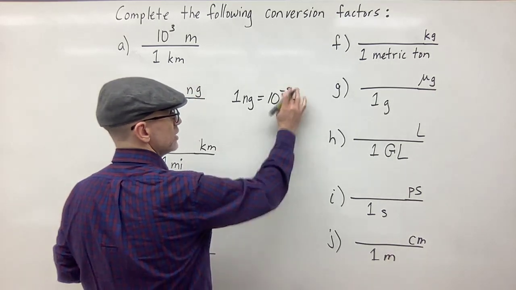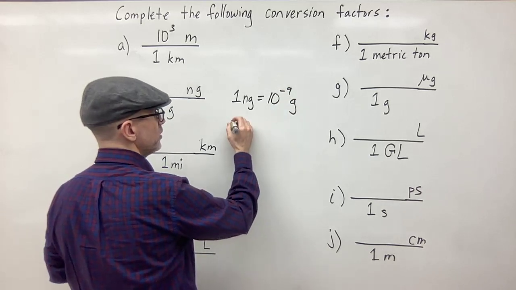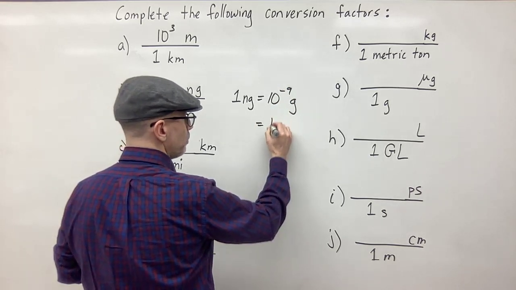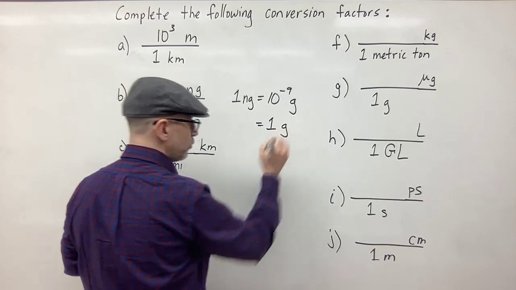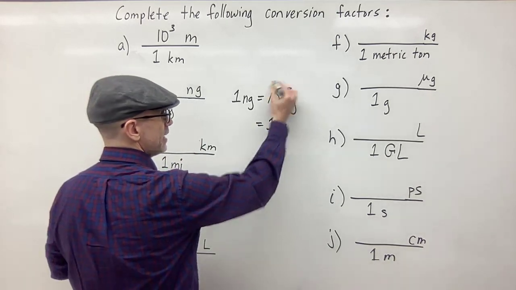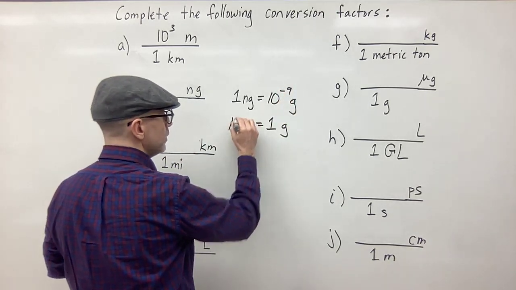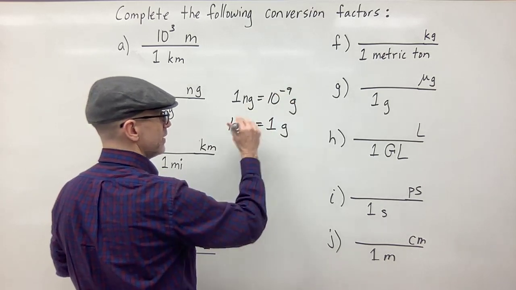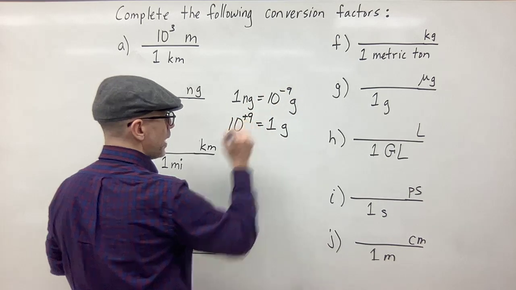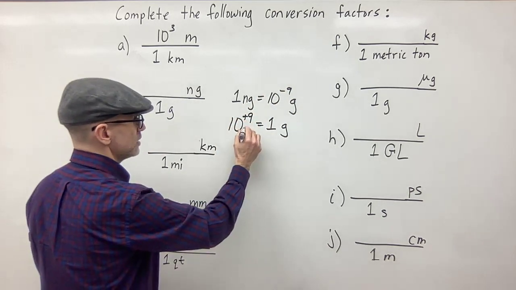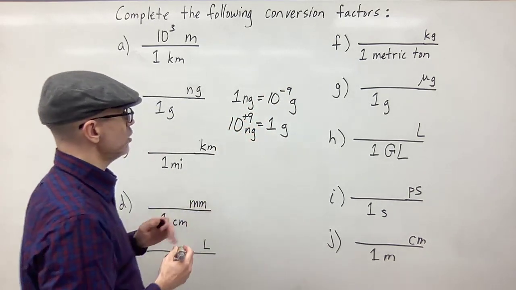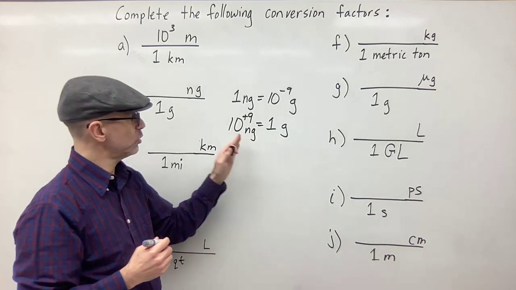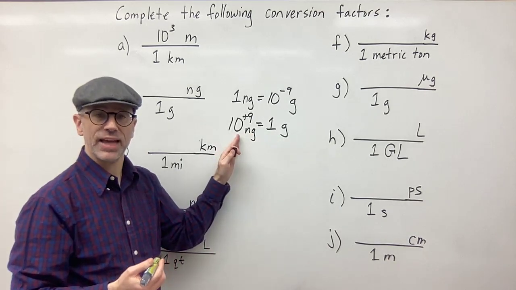So you're going to change the sign. So if I put the 1 with the base unit, then all I do is I take this and I change the sign of the 9. So instead of a negative 9, it's a positive 9. And that's nanograms. So 1 gram is equal to 10 to the positive 9 nanograms.